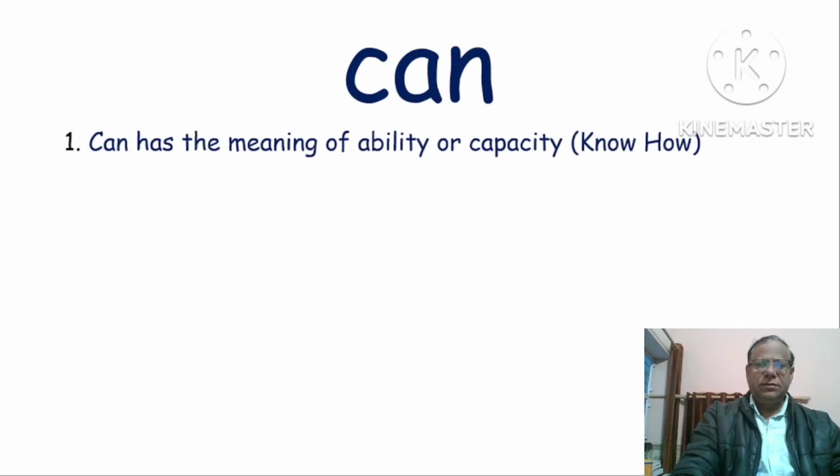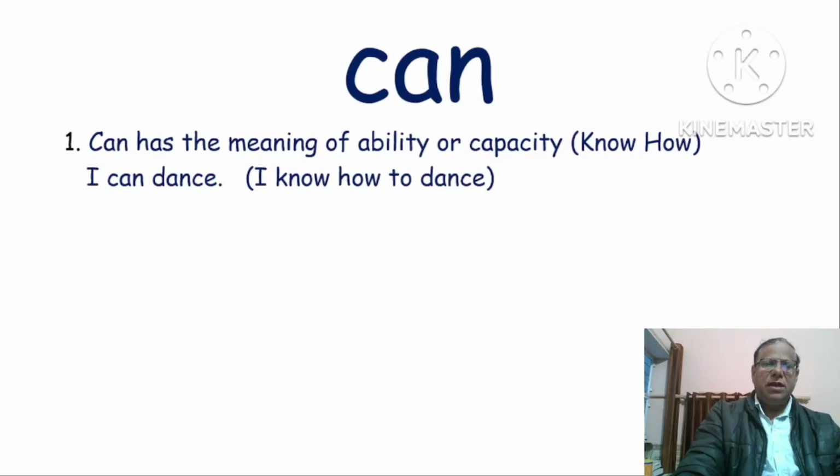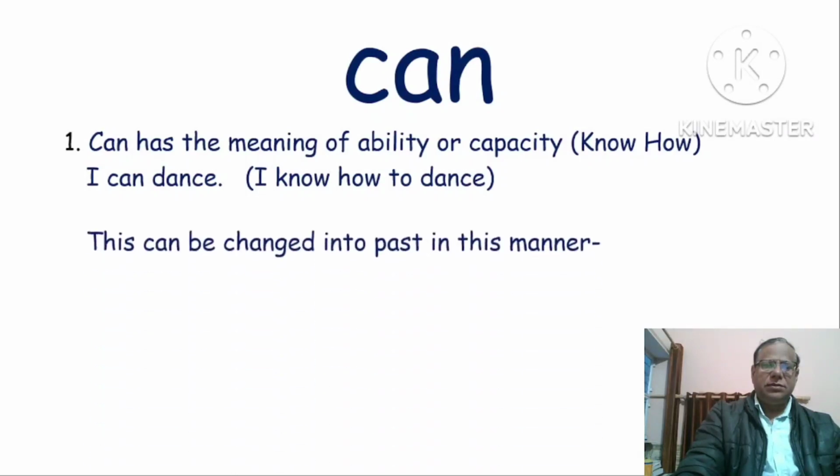Here we are going to discuss the different meanings of can. Can has the meaning of ability, or capacity. It means know how. It is given in the following example: I can dance. I know how to dance.